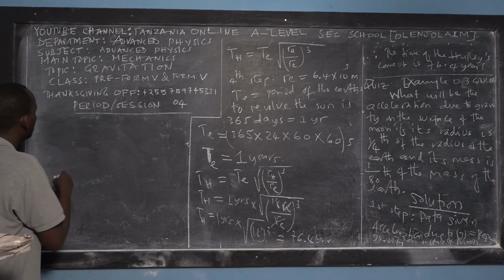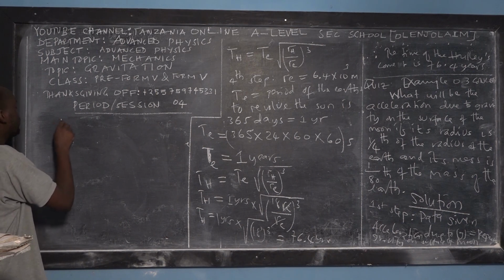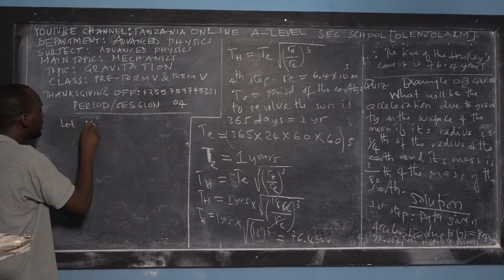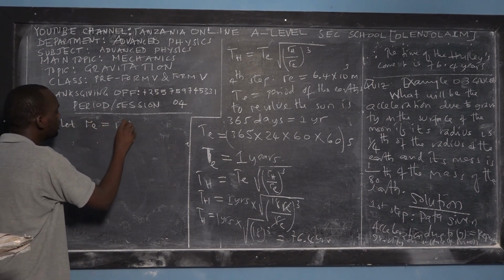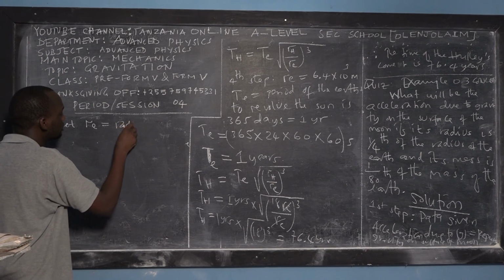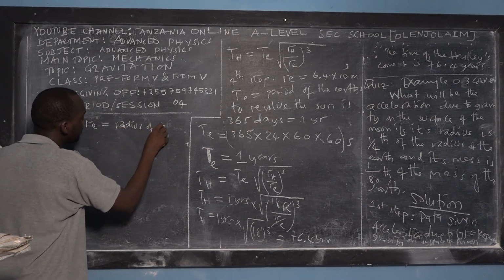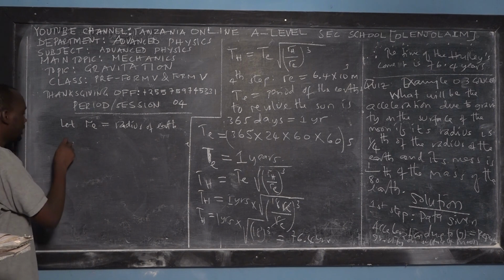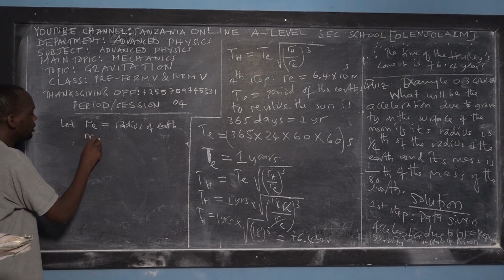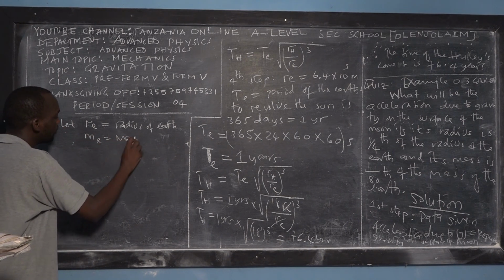So the second given is that we let RE be the radius of the earth, and then let ME be the mass of the earth.